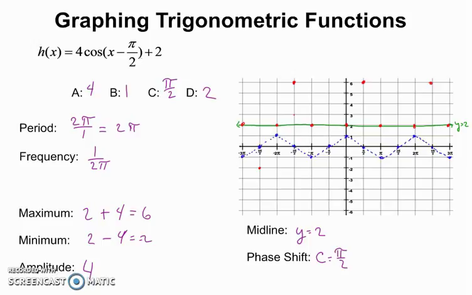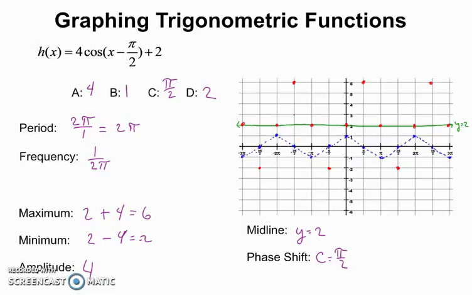Minimum, and go right one, go to the midline, and go down 1, 2, 3, 4. And they're all at negative 2, just like we found out earlier. And one more of those to the right one, up to the midline, down 1, 2, 3, 4.